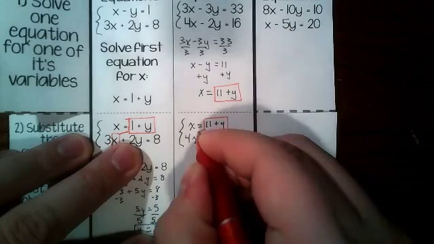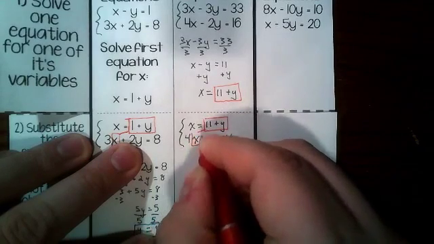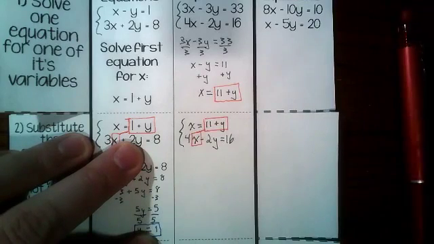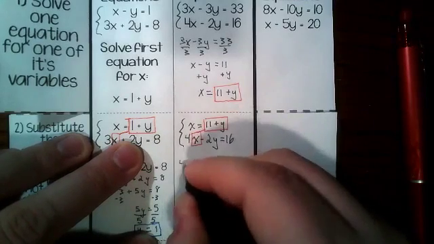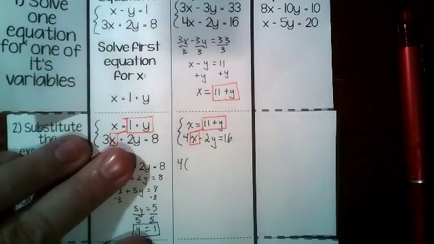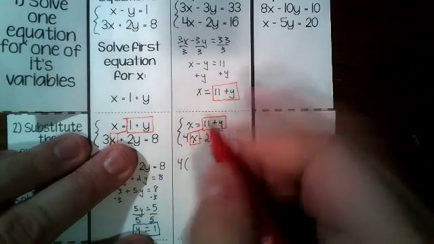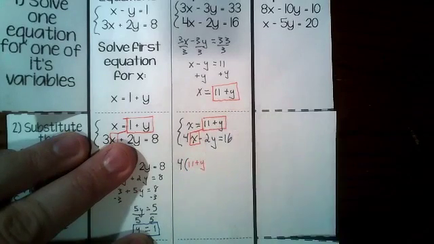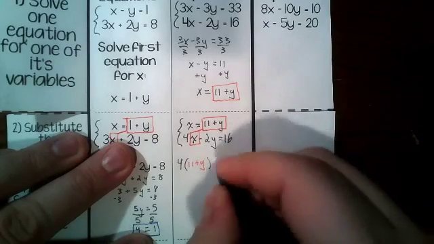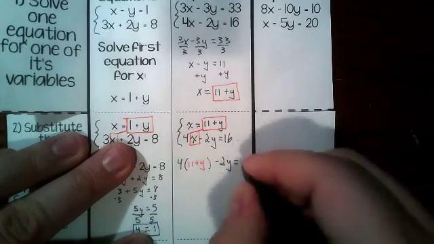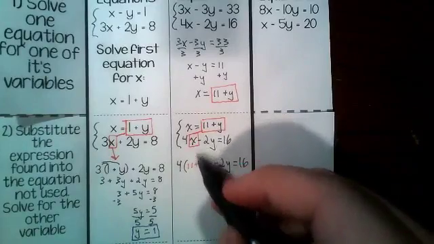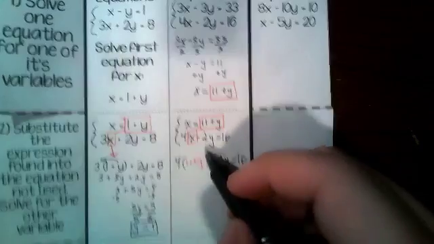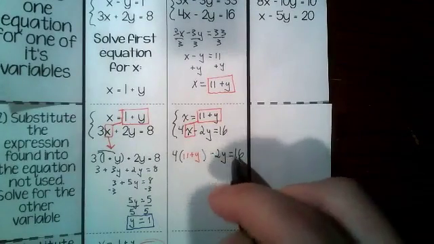So I'm going to put it into my second equation. So this becomes 4, and instead of multiplying by x, I'm multiplying by 11 plus y, because that's what x equals. Right? X and 11 plus y are the same thing. They equal each other. So this is 4x minus 2y equals 16.